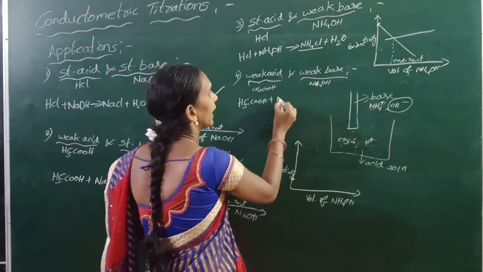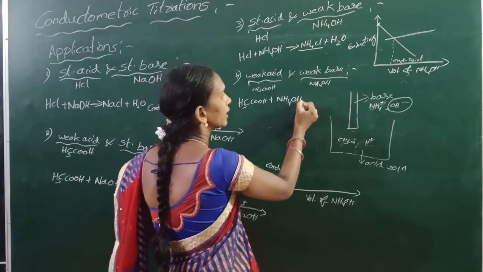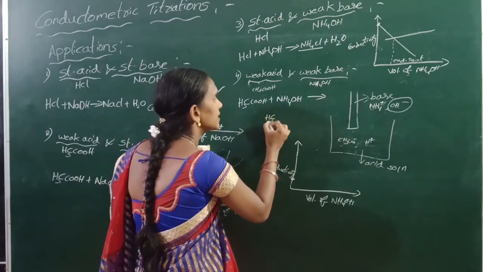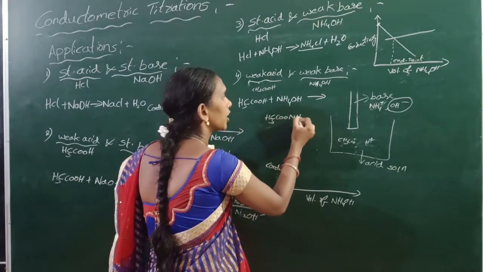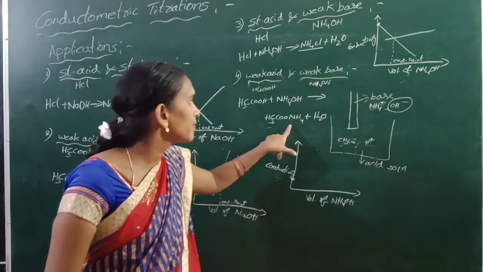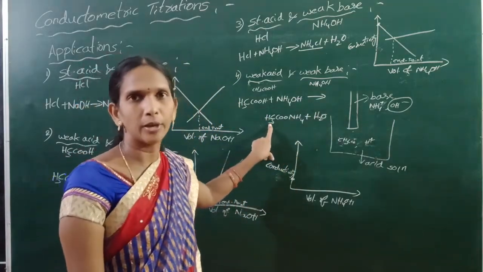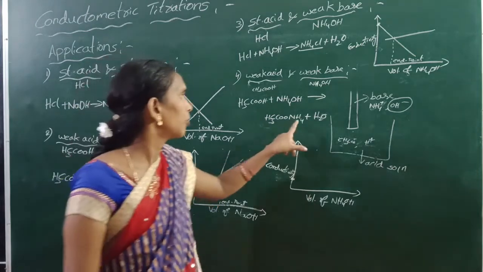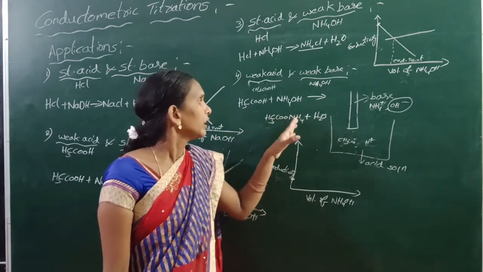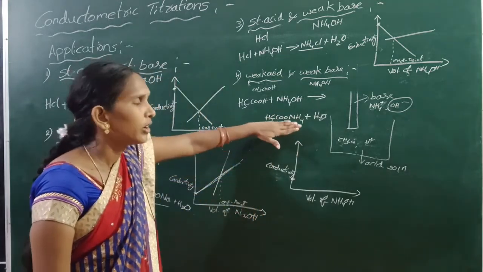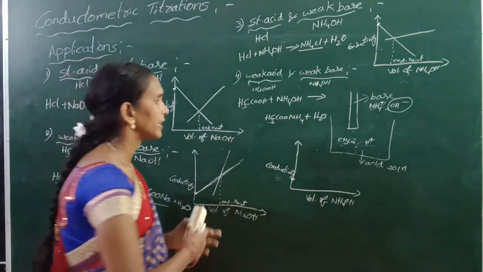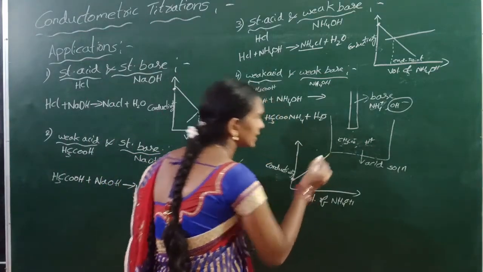CH3COOH plus NH4OH will give rise to CH3COONH4 plus water. That means the ammonium salt of acetate is formed. This is highly ionized, so the conductivity is increased.